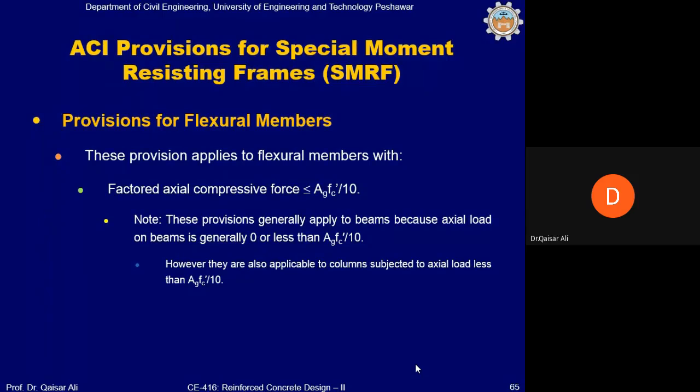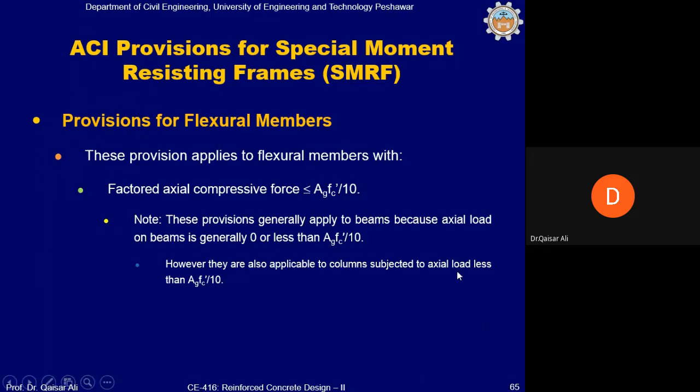Within the provisions, they have been subdivided into flexural members, which are primarily beams, compression members, which are primarily columns, and then there are provisions for the beam-column connections and joints. So first of all, we will study the provisions for flexural members, which means beams.